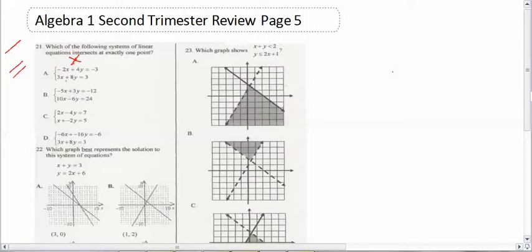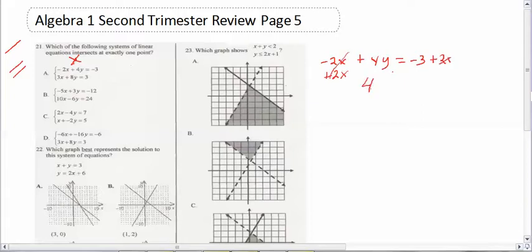So I need to take these two equations and find out what the slope is. They're not in slope-intercept form, so I'm going to work through them. I'm going to go ahead and work on the side over here. I have negative 2x plus 4y is equal to 3, negative 3. So I'm going to add 2x to both sides. Okay, so it's gone over here.